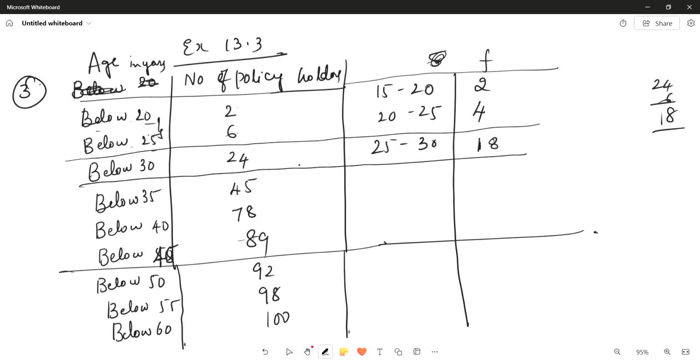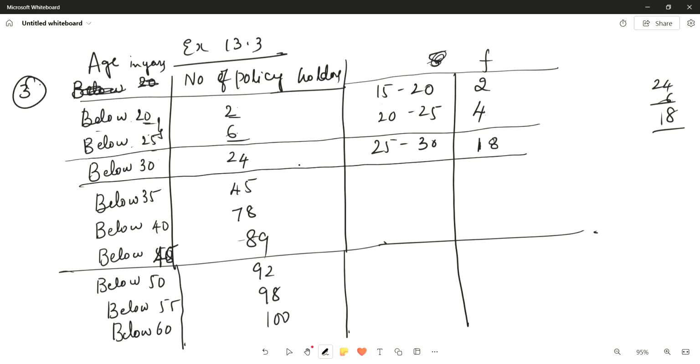What does this indicate? Below 25 years, 6 people have taken the policy. Below 20, 2 people have taken. That means between 20 to 25 years, how many would have taken? 4. That difference only I am trying to write here.